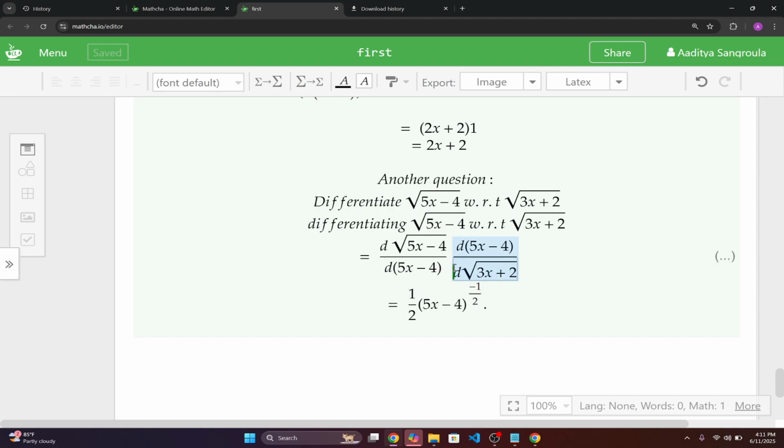So 3x plus 2, should I differentiate 3x plus, no, I don't want to, but I can do a thing. I need to differentiate this part of the equation, and 5x minus 4, right? Let's see. So that gets differentiated really easily.